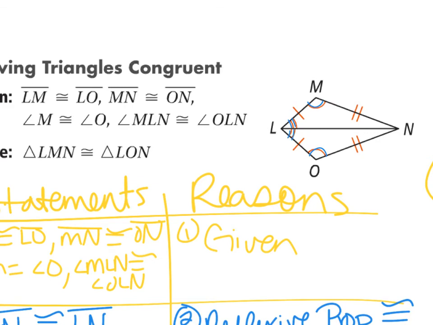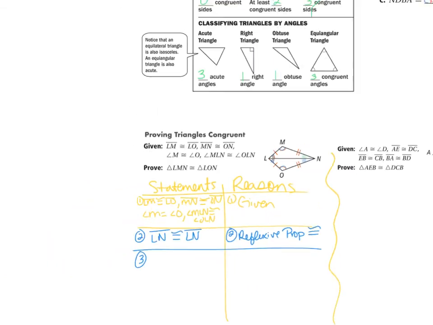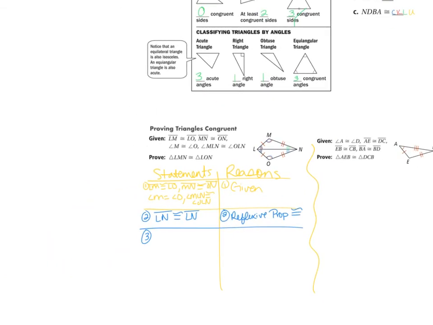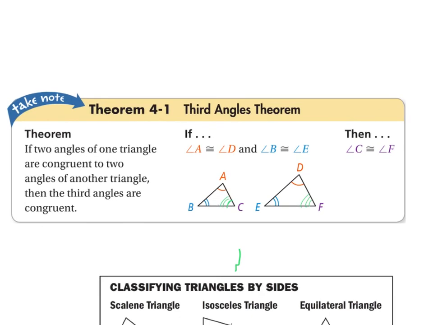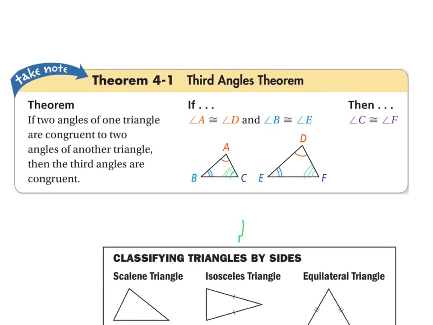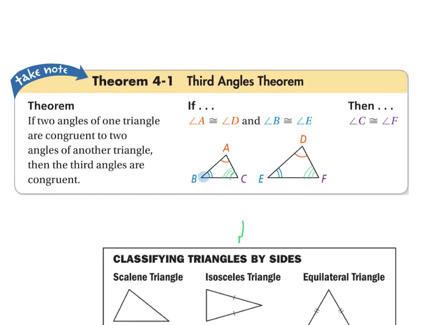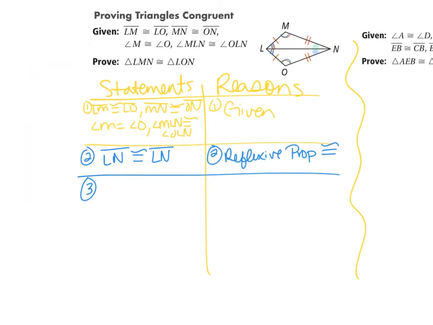So all that's left is this angle and this angle. Are they congruent? Yes, they are. And do you remember what the reason is? Oh, you thought it would just go away? Nope, that's the third angles theorem. If we have two of the angles that are congruent in one triangle, the third angle must also be congruent. So we're gonna list that.